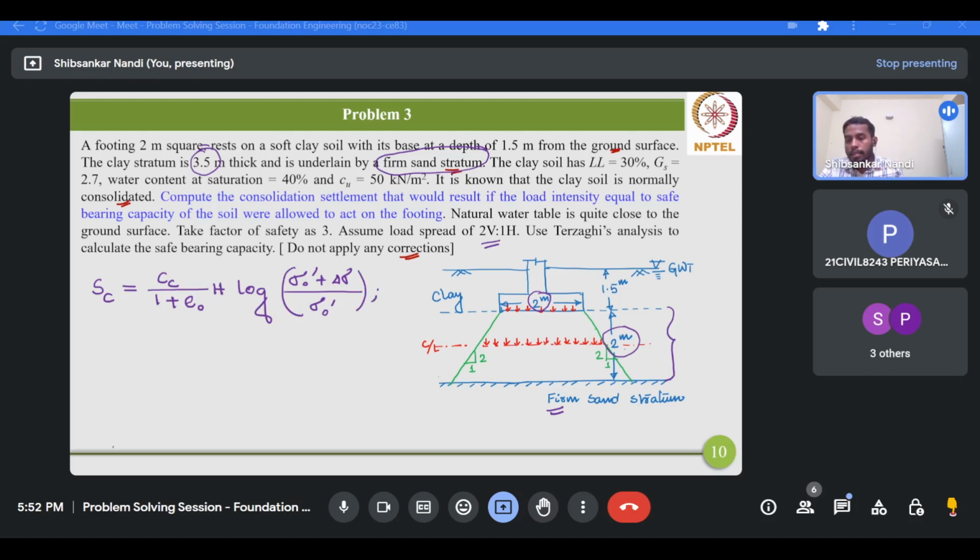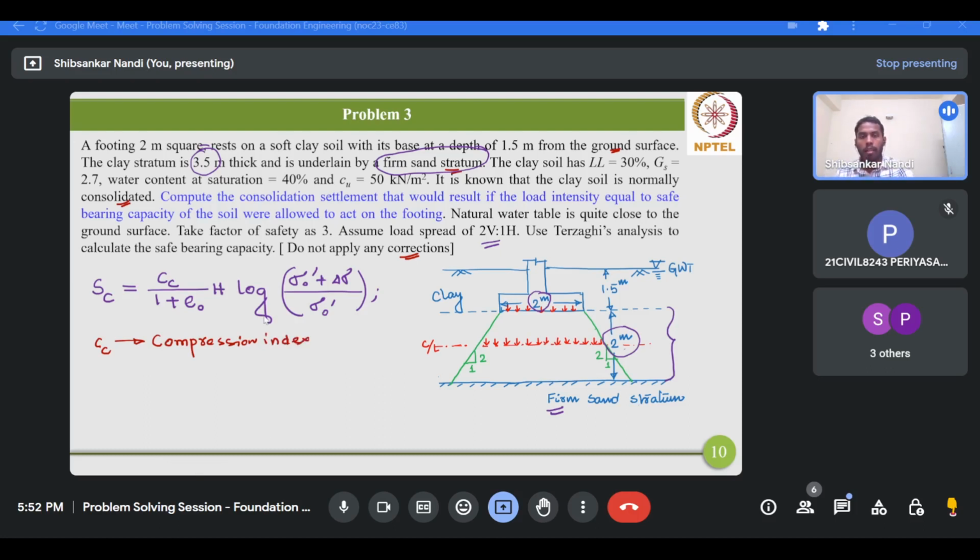Now, what is this Cc? This Cc is defined as the compression index, and I hope you all know about this terminology. So what is this compression index?